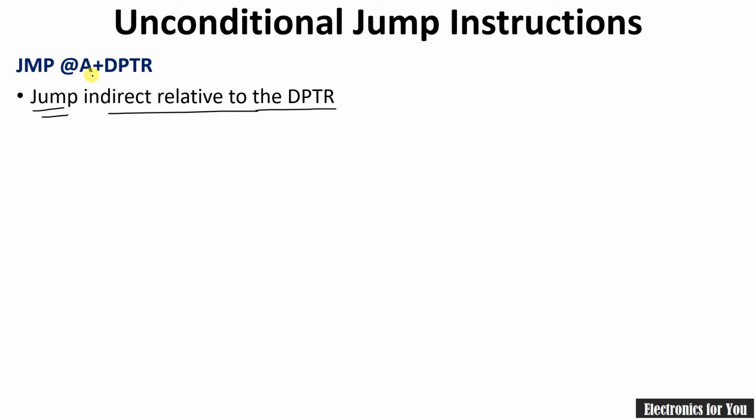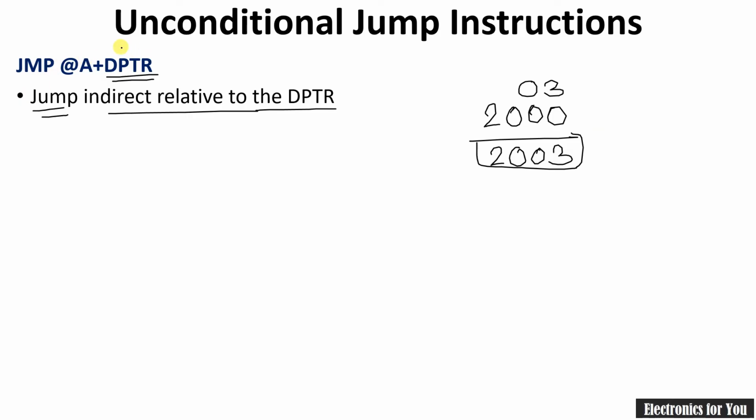Let me explain how that takes place. If the accumulator contains 03 as its value, and DPTR is loaded with 2000H, in this case these will get added, giving 2003H. This is the address of the indirect memory location. So the program will jump to the 2003 memory location indirectly. This is again an unconditional jump instruction.